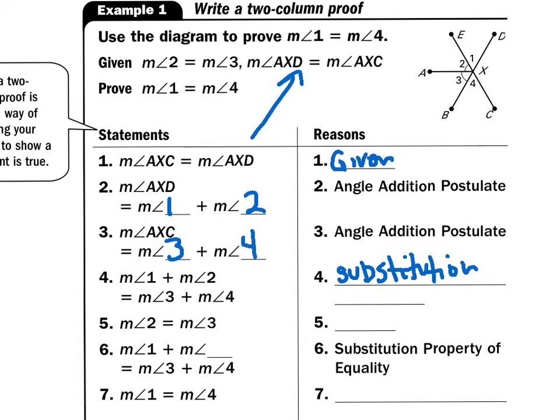Now, 5. We can say the measure angle 2 equals the measure angle 3. And why can we say that? Because that is given. Okay, don't forget that second given statement up here. Now, if 2 equals 3, then I can substitute in, and go back to this step, we can substitute that for measure angle 3 here.